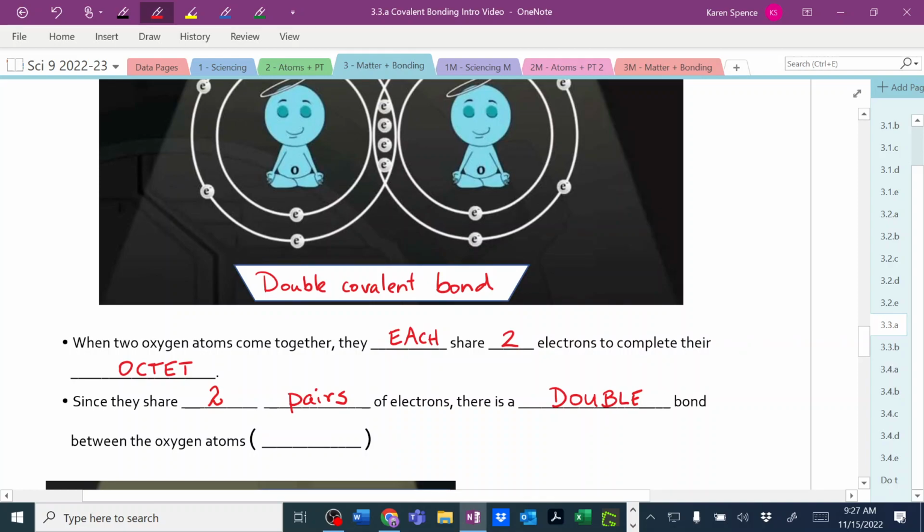And how do we show that? What do we draw between the 2 O's? We draw 2 lines. So the 2 lines here represent 2 shared pairs of electrons.